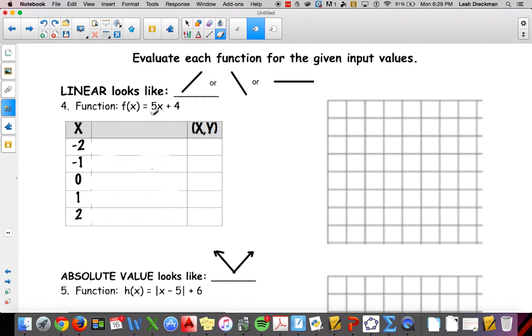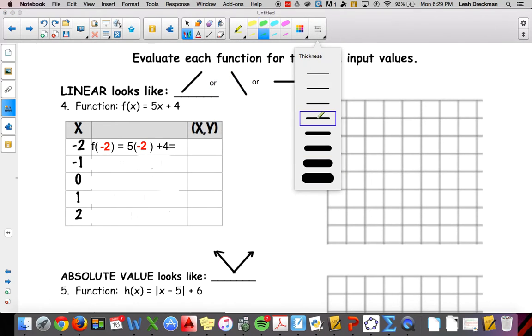All right, so we're going to plug in several different x values and use those outputs to create some ordered pairs on our graph, which after we get several points on there, we should get a pretty good idea of what this graph's going to look like. If I'm going to use -2 as my input, that just means, in my function, every time I see an x, we are going to replace it with -2.